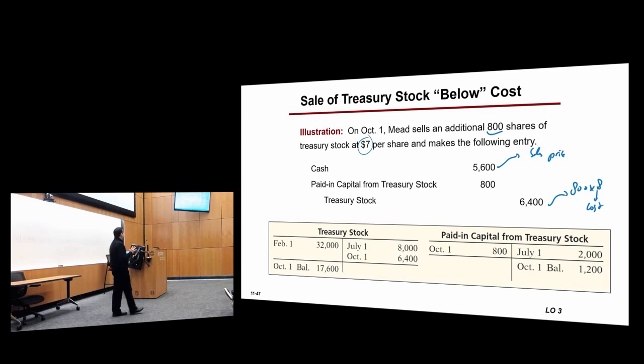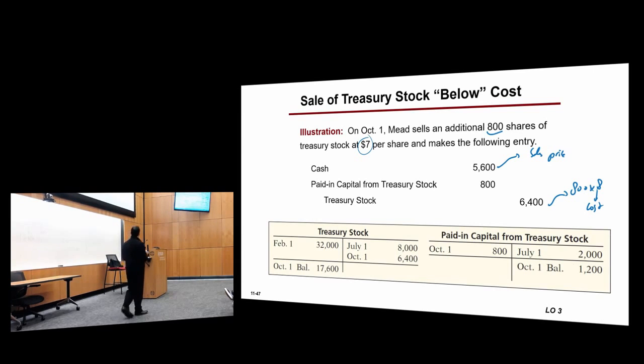So treasury stock in both cases, whether it was sold at above or below cost, will be credited the same value, based on the cost. Cash will be based on how much they received from the sale.